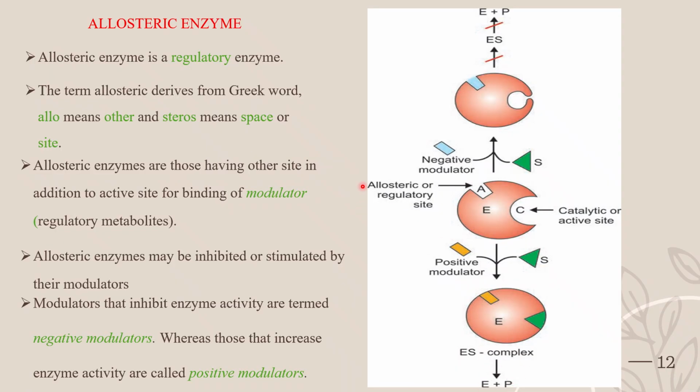While a negative allosteric regulator, once it binds, leads to a conformational change which inhibits the binding of substrate to the enzyme, so there is no enzymatic reaction and thereby no production of product.